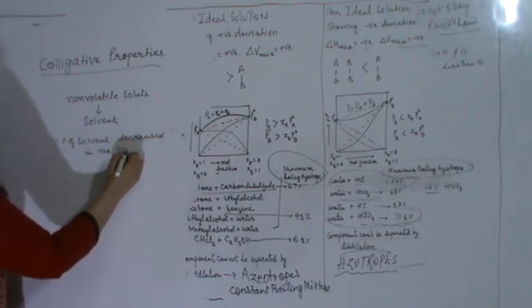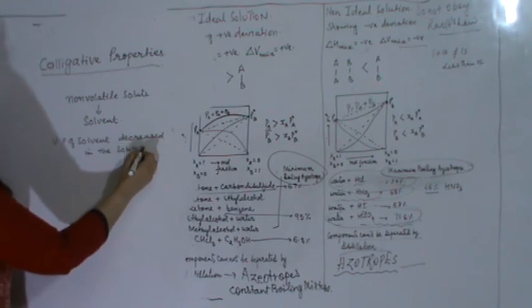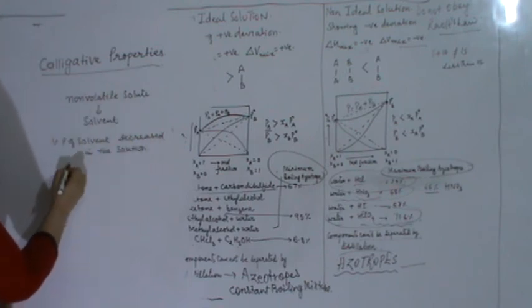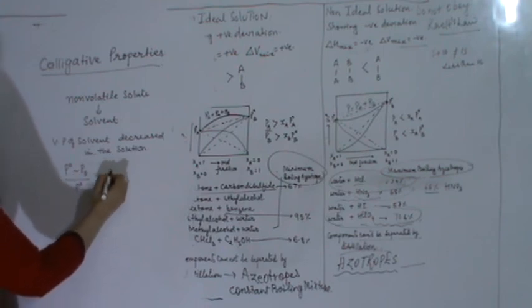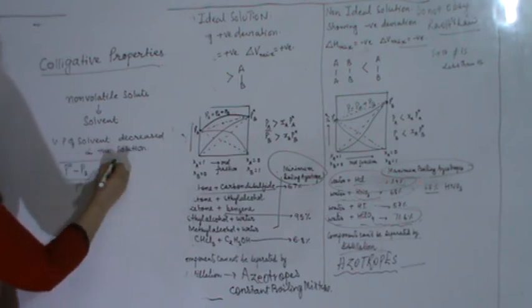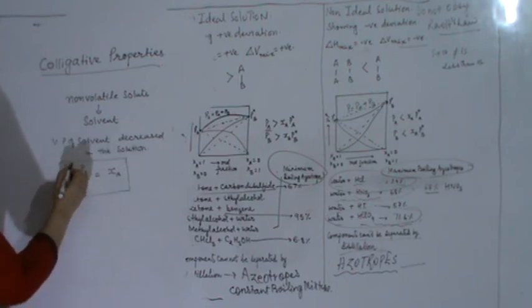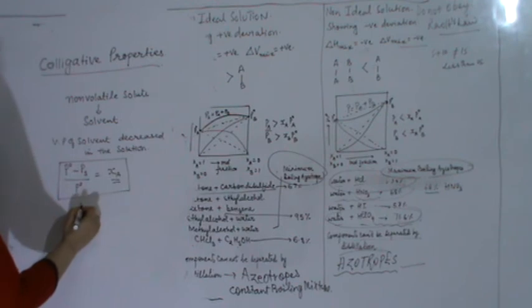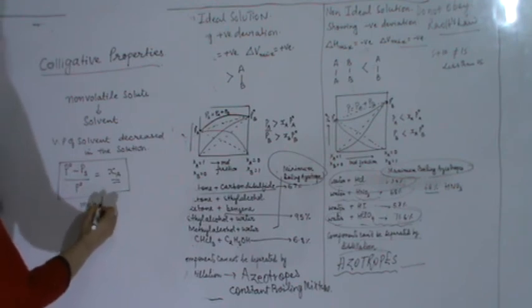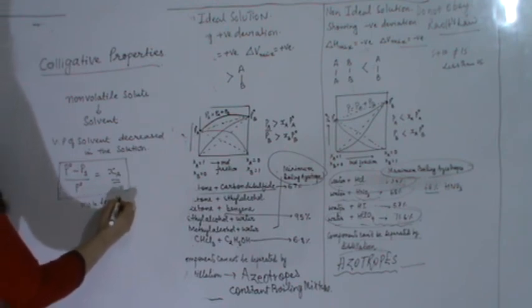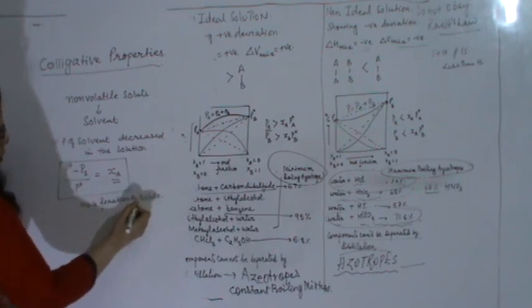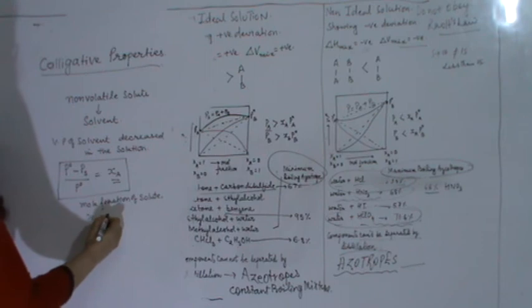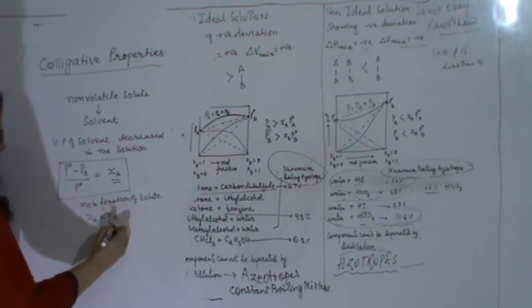And this lowering in vapor pressure we calculated with this expression, where we found that relative lowering in vapor pressure is always equal to mole fraction of solute. Mole fraction of solute means it depends upon number of moles of solute added.